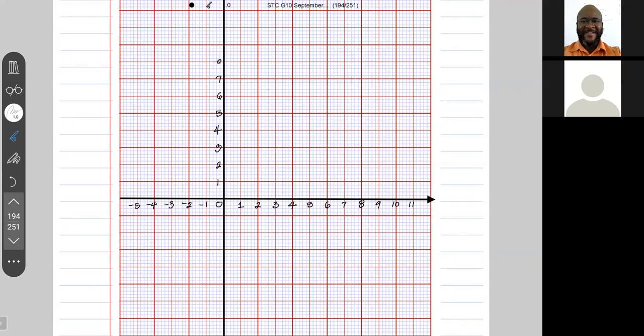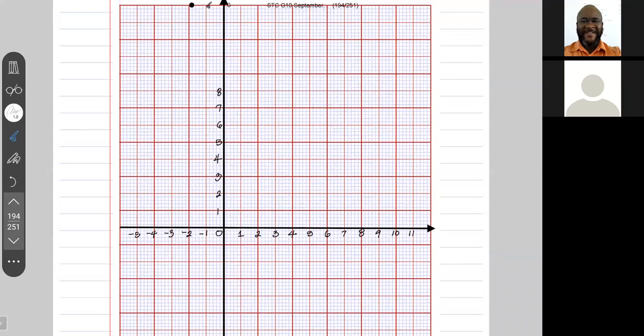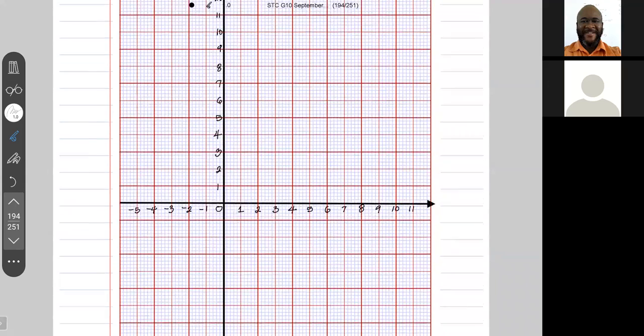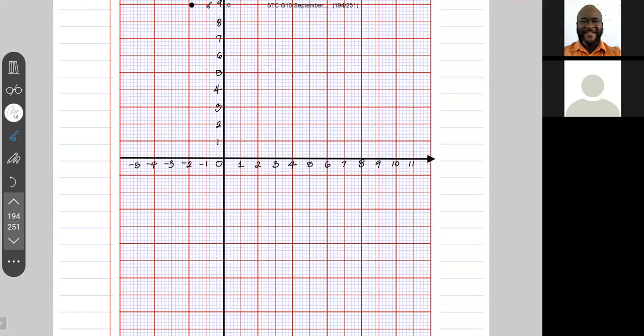Please note that whenever I'm labeling my axes, I always put my numbers on the major grid lines. So the highest value of y I can have in my graph is 12.